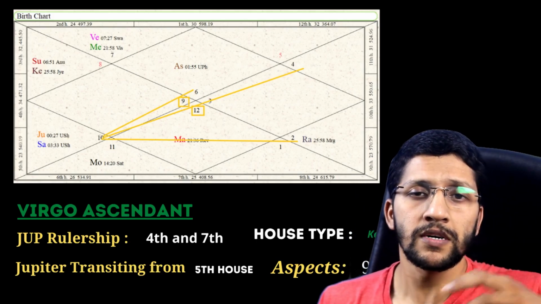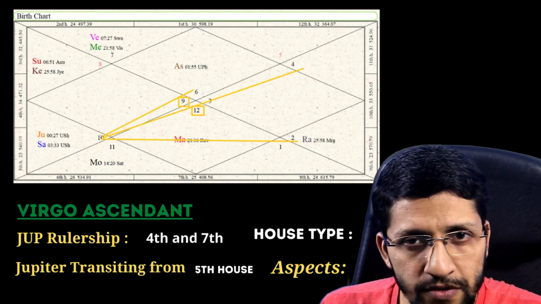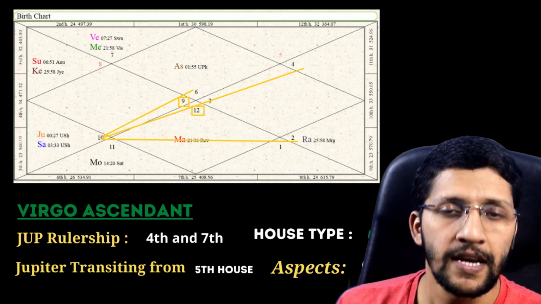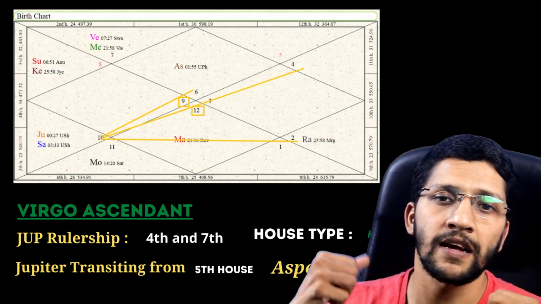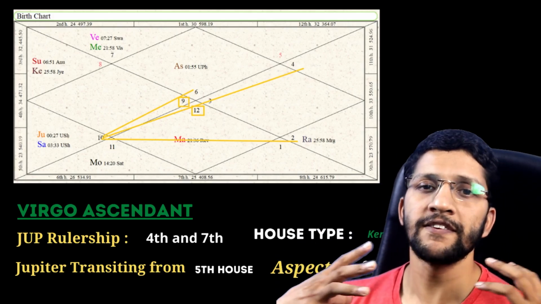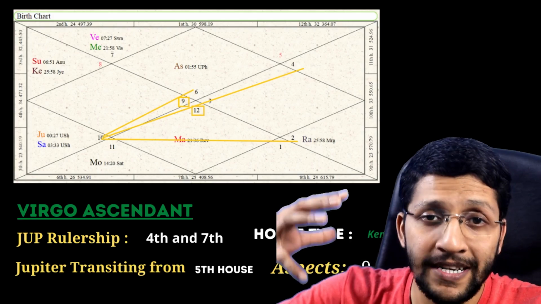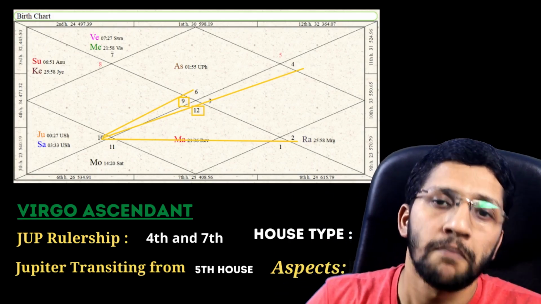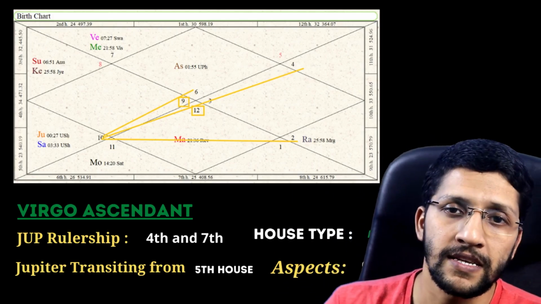Okay, because Jupiter is placed into the 5th house of intellect, and now it is aspecting the 9th house of positivity, higher belief, and travel as well. And Jupiter itself is a planet of expansion and goodness in one's life.